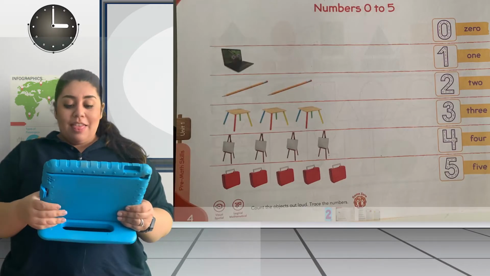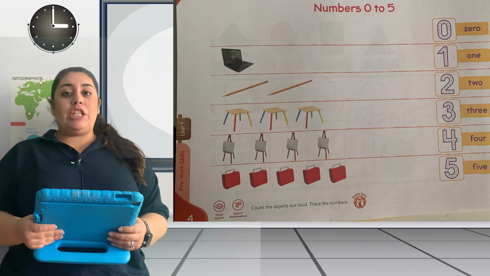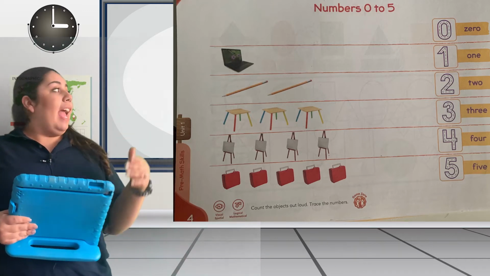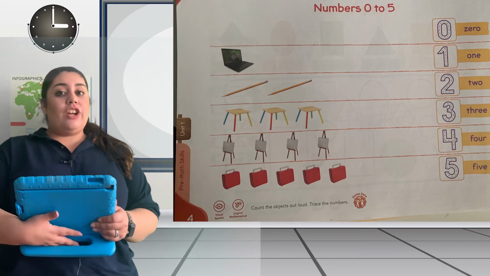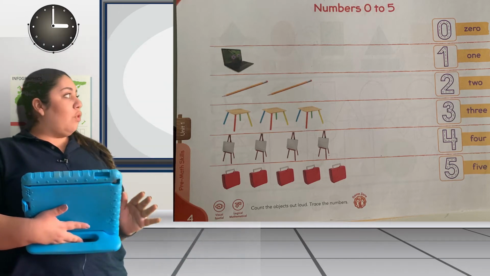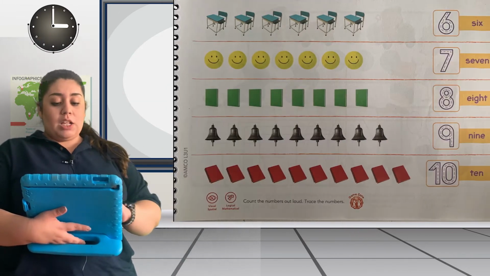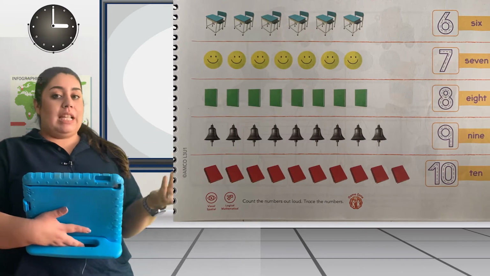Very good. Now it's time to open our Benny Bieber book on the red pages. The red pages is going to be number 4, and the page is going to look something like this. Here it says numbers 0 to 5, but the next one says numbers 6 to 10.